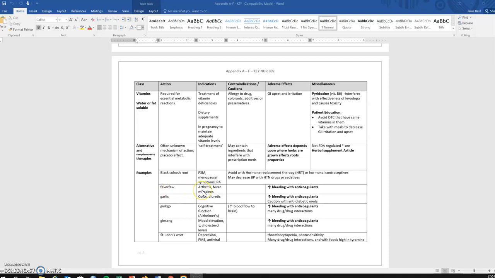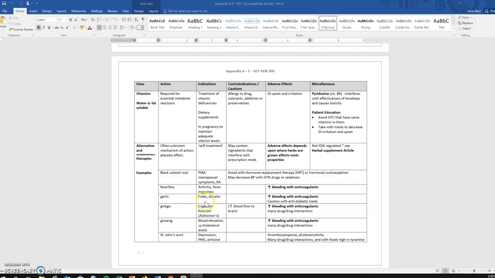Feverfew is often taken by individuals as an over-the-counter treatment for arthritis or for fever or for migraines. The problem is if the patient also takes an anticoagulant such as heparin, warfarin, enoxaparin, then it can increase their bleeding capacity. So they may have some bleeding that you would not anticipate.